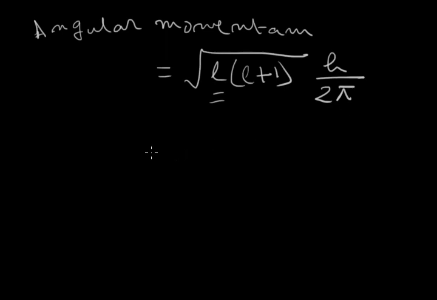So the orbital angular momentum of an electron can be calculated easily.